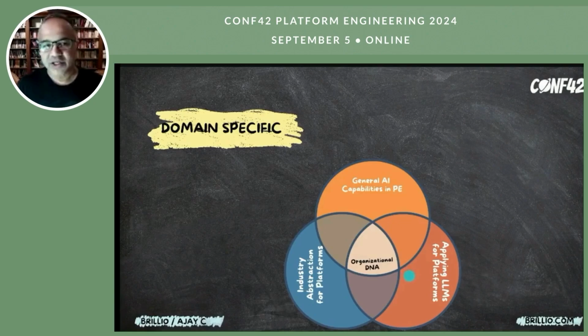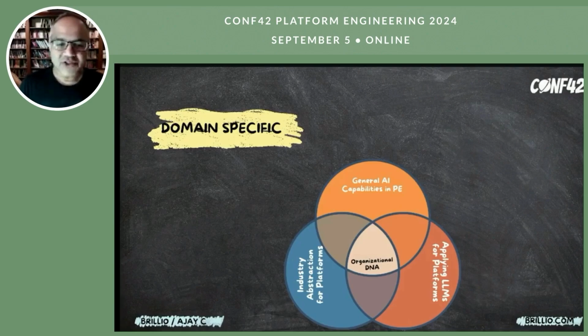So these are any kind of AI capabilities, not particularly a predictive or a generative capability, but some kind of AI capabilities. Then you also have certain industry abstraction of those platforms, right? And so for any kind of specific domain platforms, you'll have certain industry-specific data that is available, and you need to abstract that out. And now applying the LLMs for these platforms will also improve that overall experience.